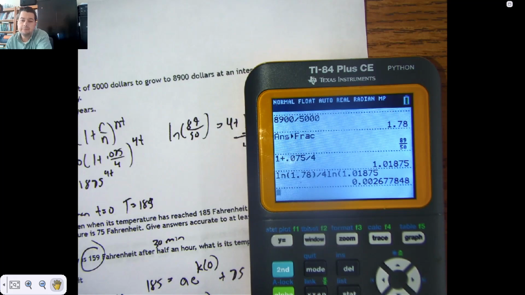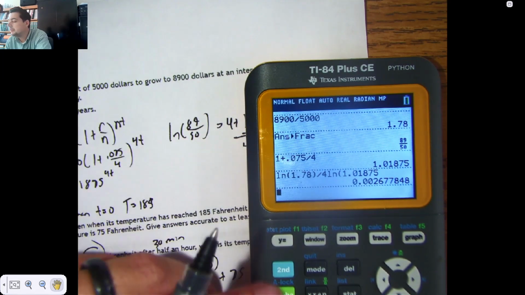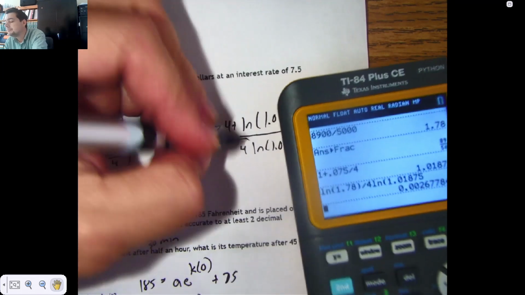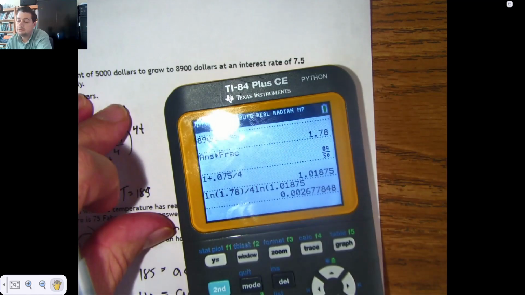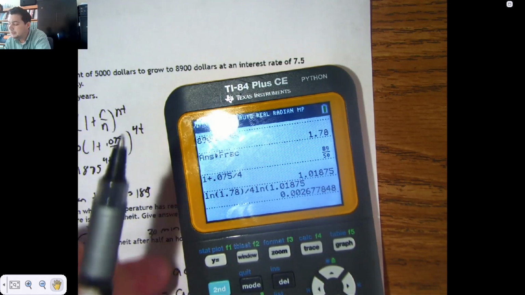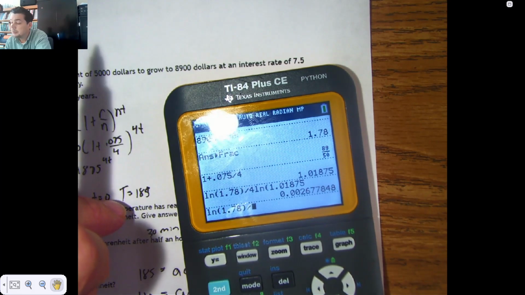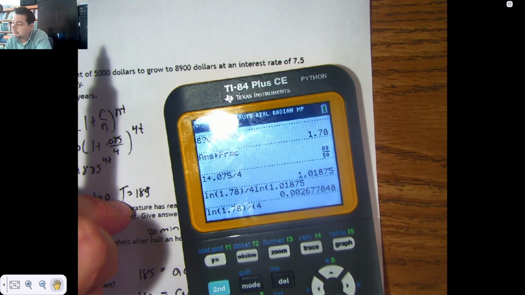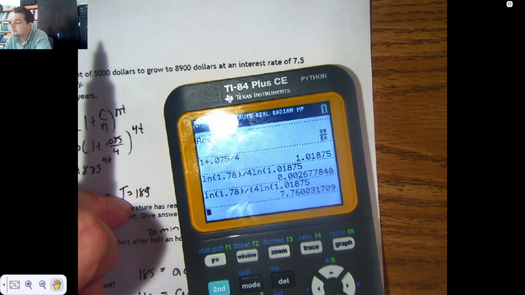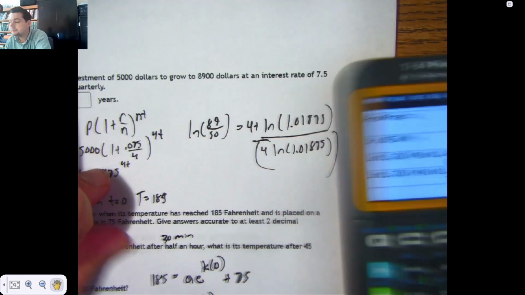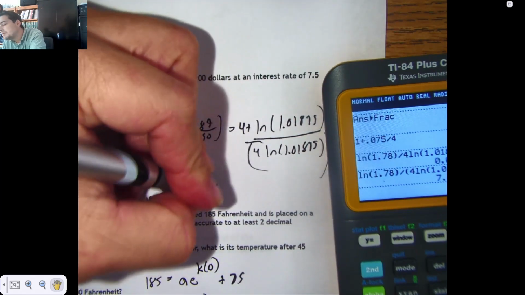Oh, I'm an idiot. Parentheses. Knew something was wrong about it. Let me try that again. Parentheses. If you divide by 2 or more, you need parentheses. There we go. That's more reasonable. About 7.76 years.